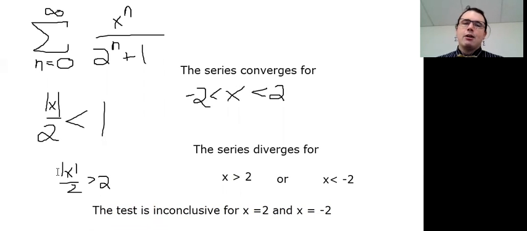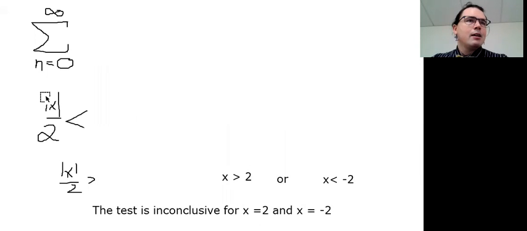And that is where the ratio test does not produce an answer. Maybe the series converges for that value of x. Maybe the series diverges for that value of x, but I just do not have enough information to figure that out using this test. It's important to be aware of the blind spots that I can have for these examples.